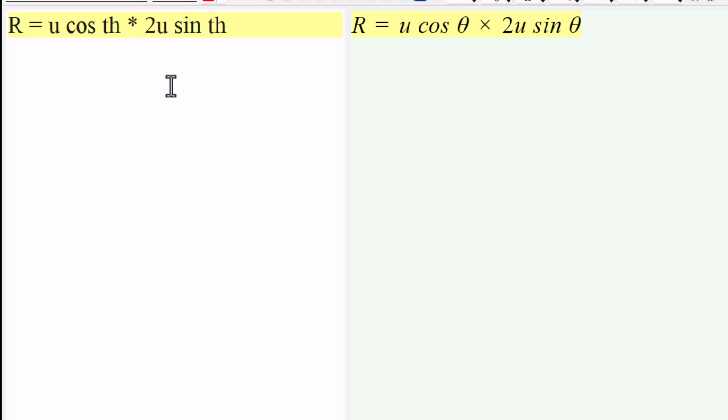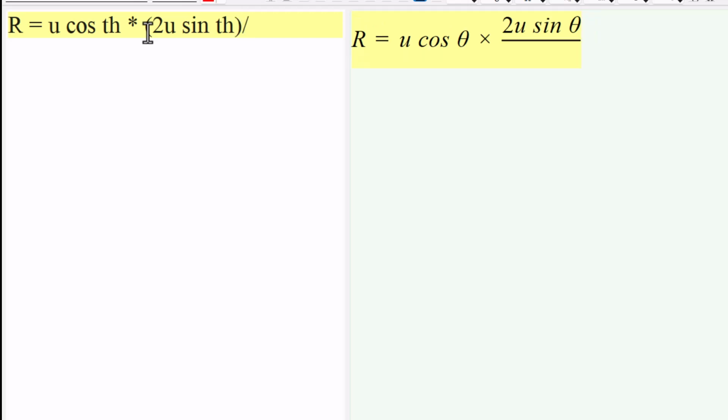So we said capital R equals horizontal velocity, u cos theta, then multiplied by the time of flight, 2u sine theta, divided by g. So this is the formula now.